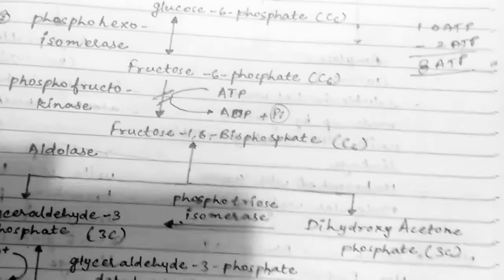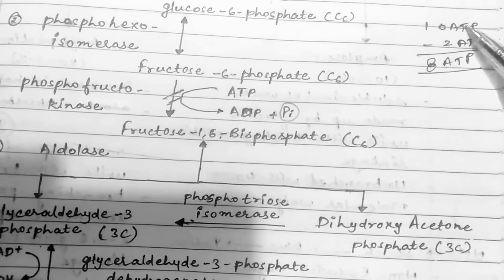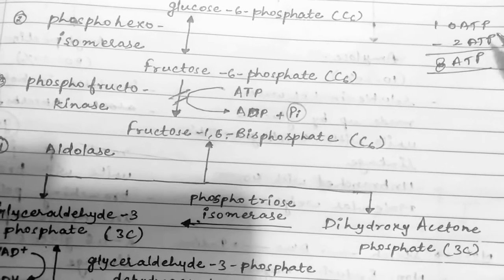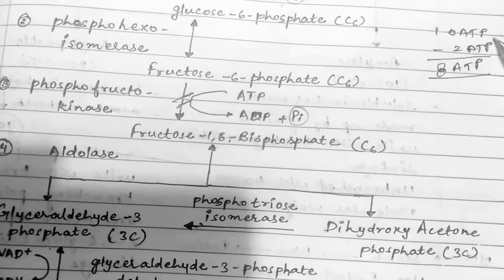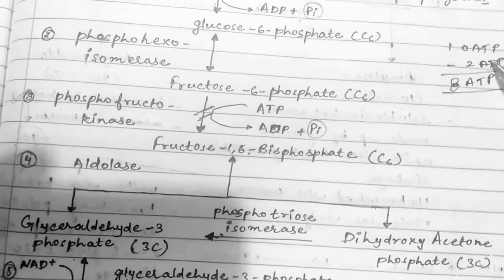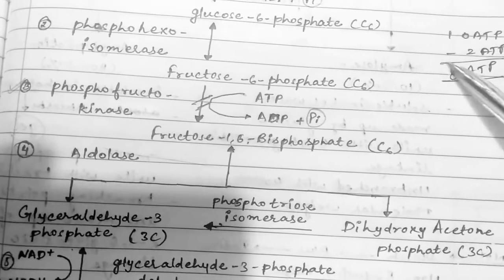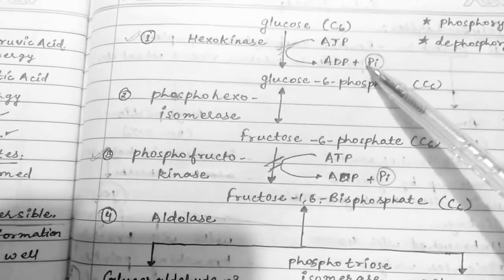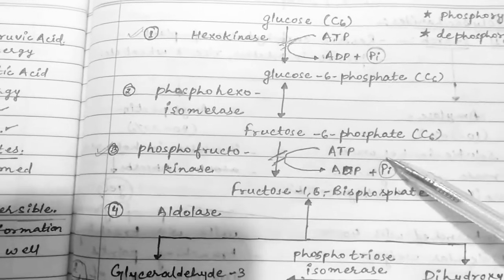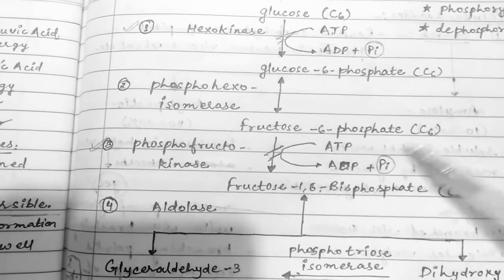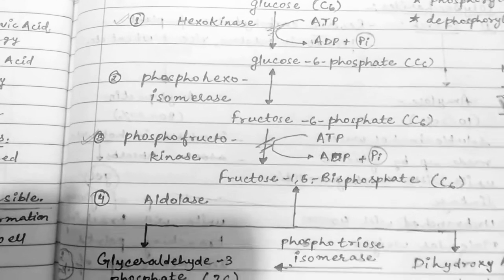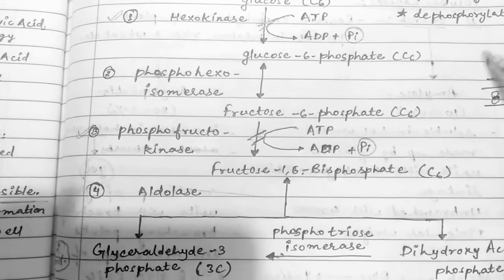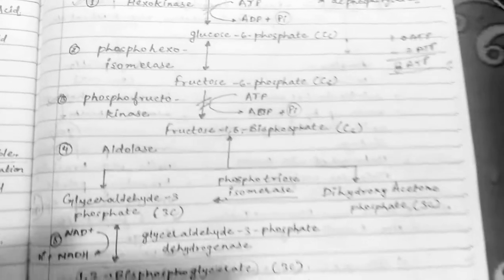How? Because 10 ATP are formed in glycolysis, but 2 ATP are required to start the glycolysis process. You can see here in step number 1 and step number 3, we require 2 ATP. That's why 2 ATP are subtracted from the whole glycolysis pathway.